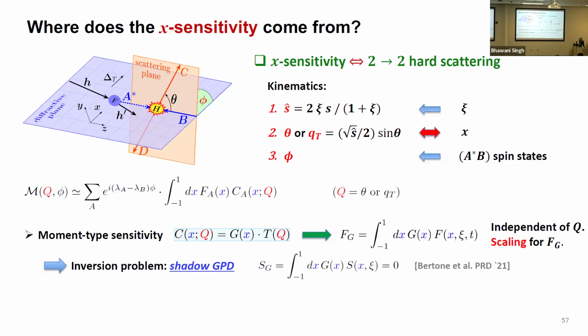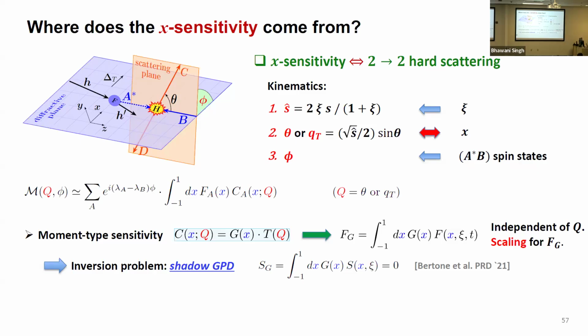But it gives us the inverse problem, which is the shadow GPD problem, because only having this kind of integrals, the inversion of GPD is a singular problem because you can have infinite solutions by defining this shadow GPD that gives 0 to these integrals. And these shadow GPDs can never be distinguished from the real GPDs.